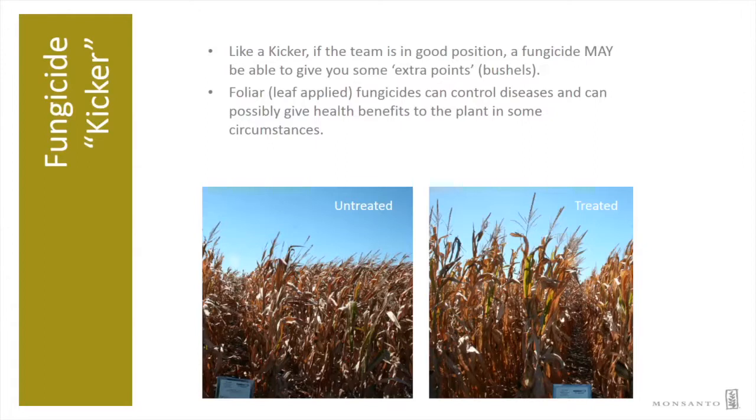So I know it's a little difficult to make a fungicide decision in the March timeframe, but pencil it into your budget, into your profitability, and your bottom line, in your draft sheet, and see if that works into your goal or not.